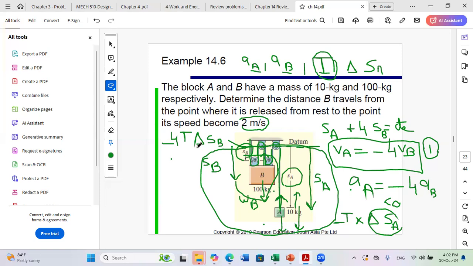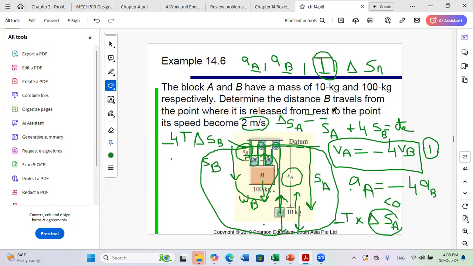Now, why will these two cancel out when you sum them? Because according to this relation, SA plus 4SB is constant. So delta SA is equal to minus 4 delta SB.